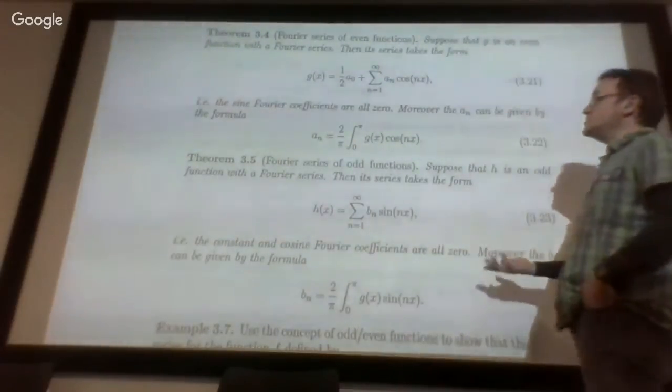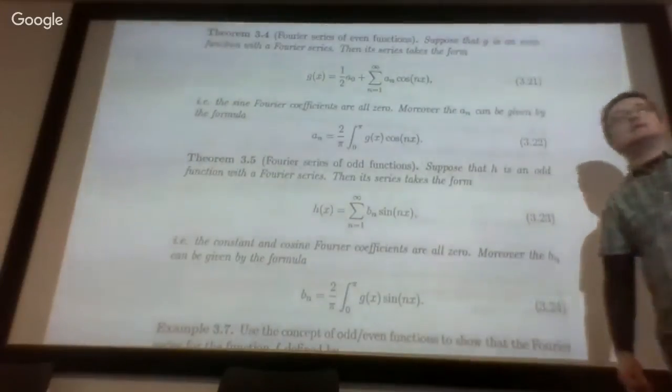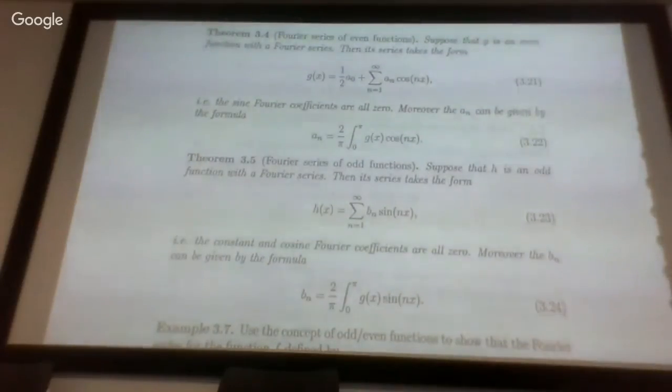Well, think of where the coefficients bn come from. The coefficients bn come from integrating g multiplied by one of the sine functions. But sine is odd, and g here in theorem 3.4 is even. So g multiplied by the sine function in total is odd, so the integral of it will be 0. So you always get 0 for the coefficients bn.